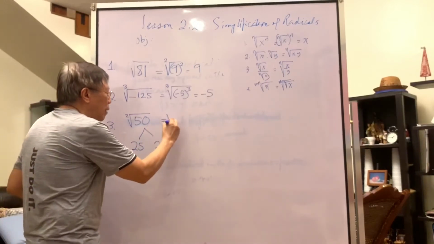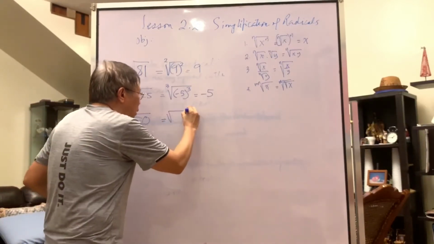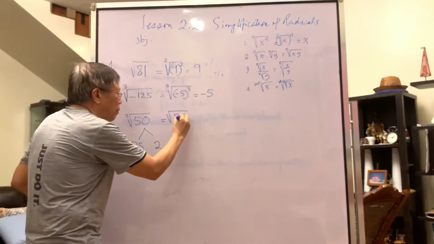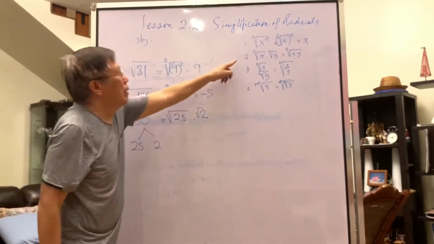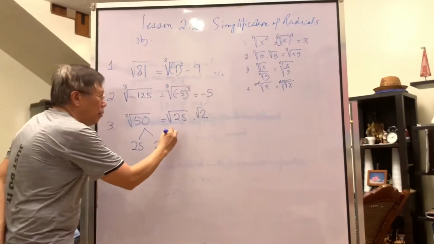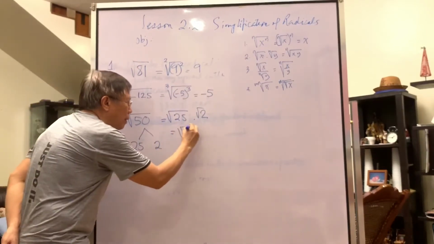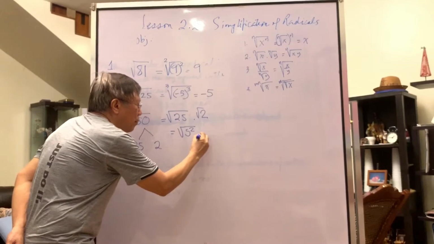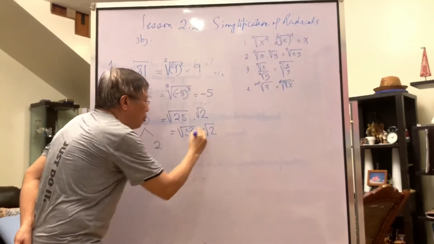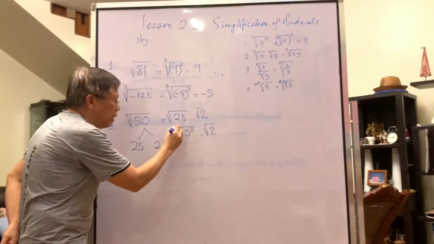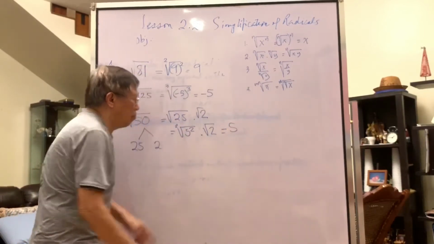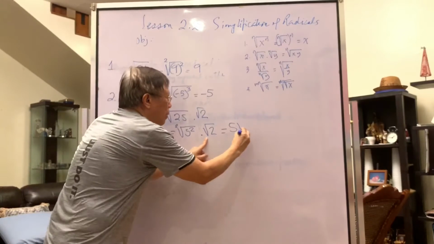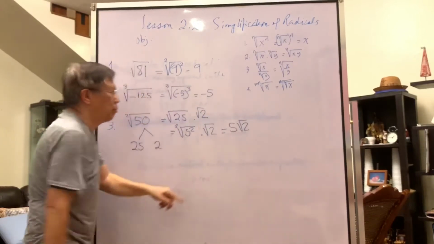So here, I can rewrite the square root of 50 as square root of 25 times square root of 2. That's from law number 2. And we know that square root of 25 can be written as square root of 5 squared times square root of 2. Again, this index will cancel out with that and we are left with 5. But square root of 2 will be retained as square root of 2.